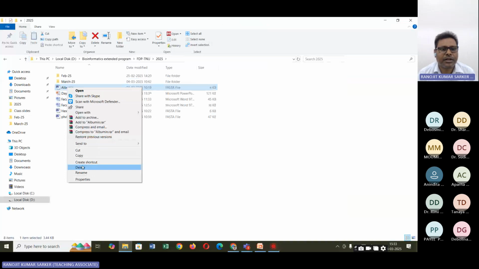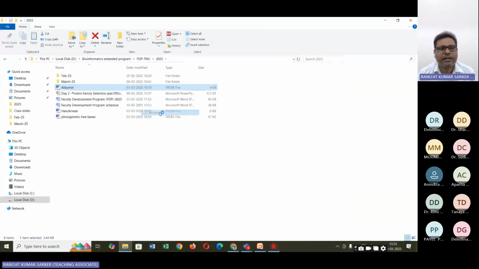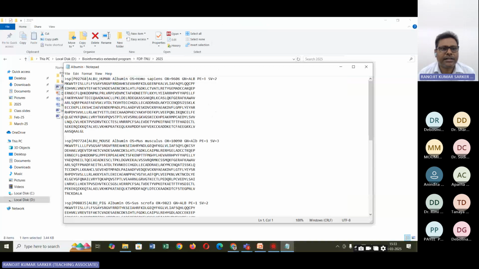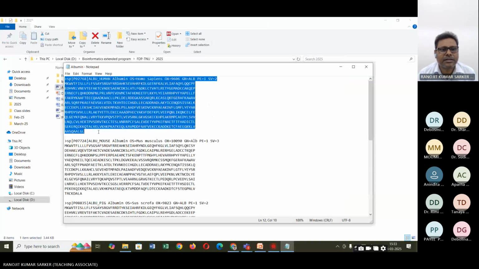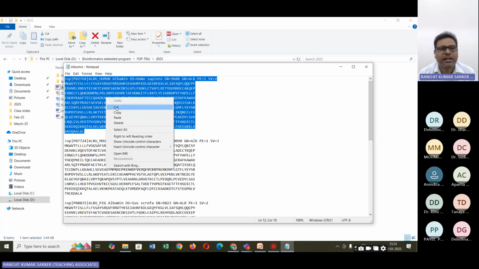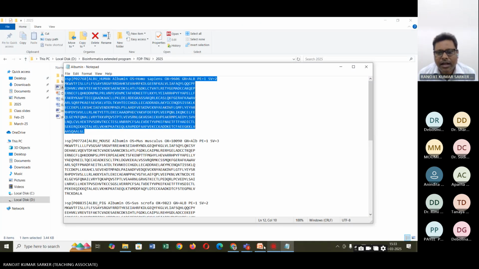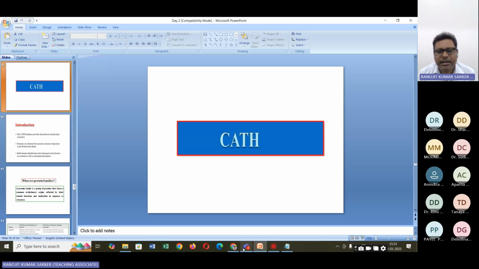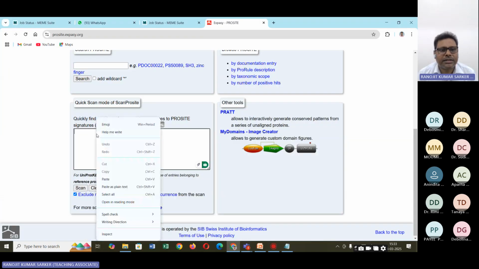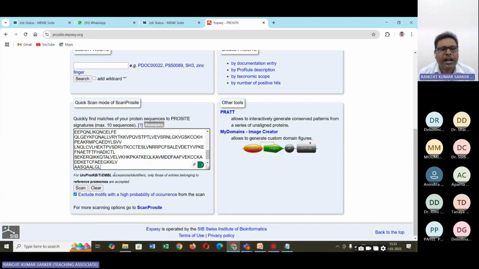This is the albumin protein. This is the human albumin protein, which I have already taken from the UniProt database.